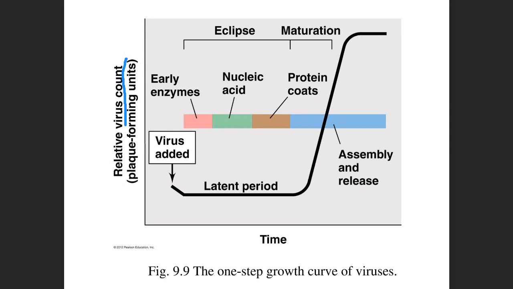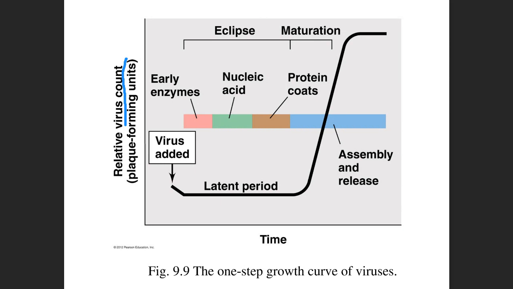There will be a latent period, and after the latent period, the virus starts being released. This is the lysis, the period in which the whole cell lyses and the phage are released. And this is a one-step growth, because you go in, you come out.